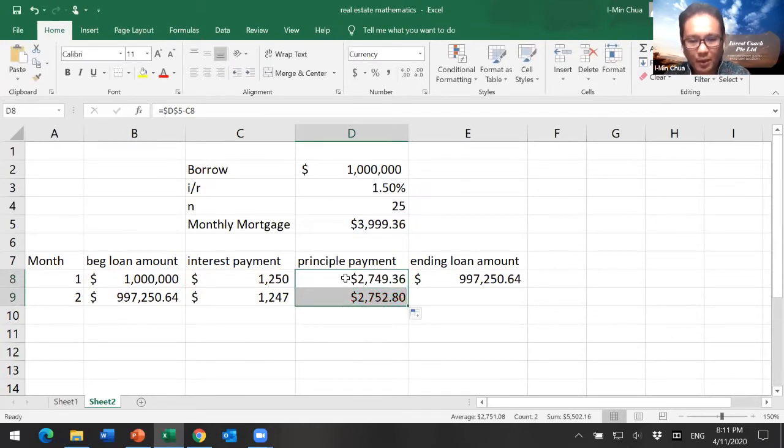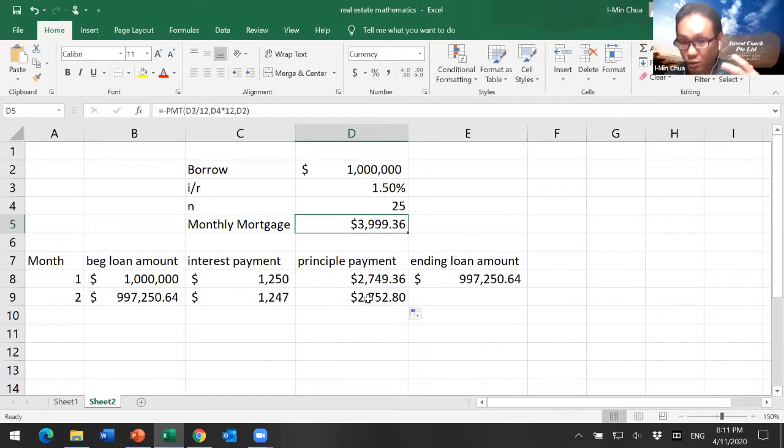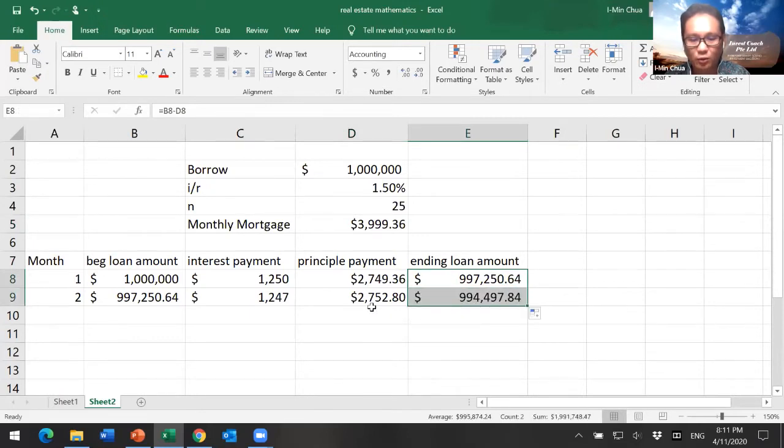Your principal payment is higher because every month you pay the same amount, 3,999.36. But as your interest paid gets lesser, this expense is gone. This 1247 is no longer yours, but this 2752 is still yours. It's part of your property. Then of course, at the end of month two you have a lesser loan already. That means you're slowly saving for your property while you actually stay there.